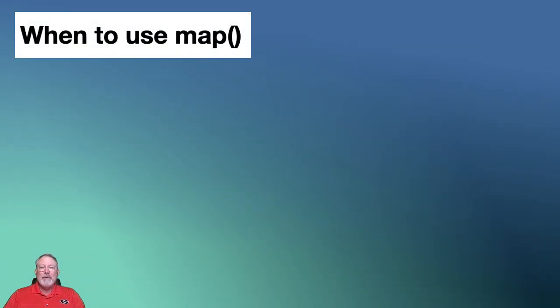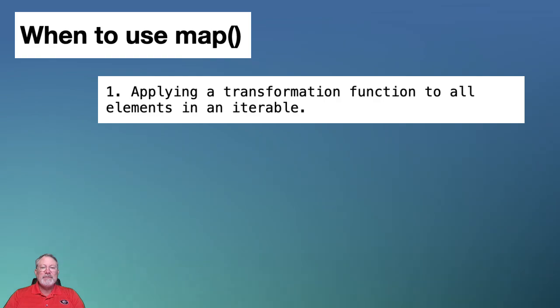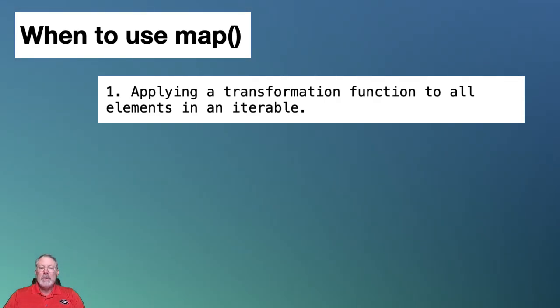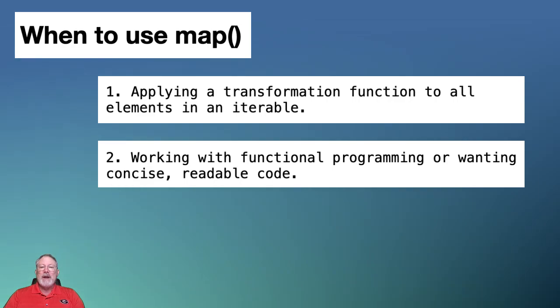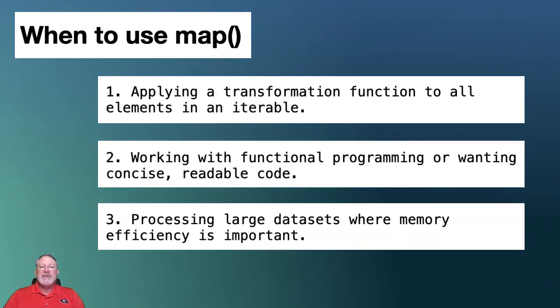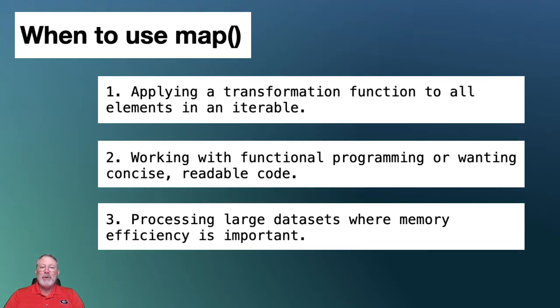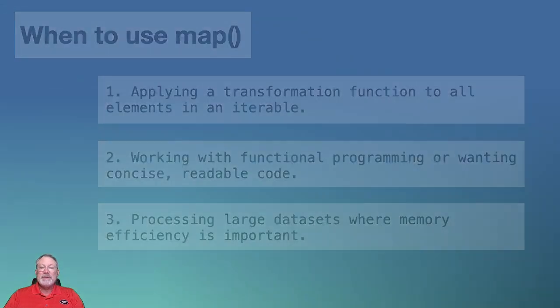You'd use the map function when you're applying a transformation function to all elements in an iterable, when you're working with functional programming or wanting concise, readable code, or when you're processing large data sets where memory efficiency is important. It's especially useful when you already have a function that operates on individual elements.